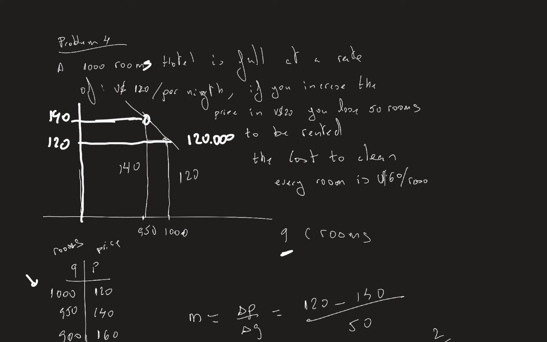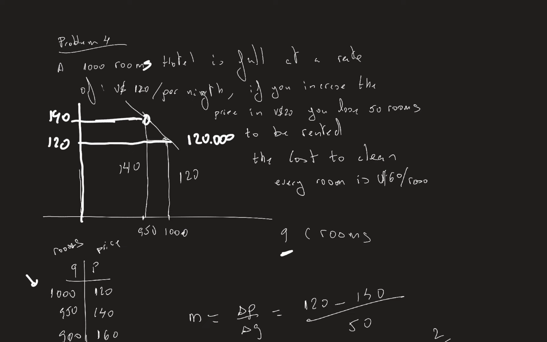If I go to this other position, 950 rooms, but rented at 140, do I have more money or less money? Well, if I do the multiplication, 950 rooms rented at 140, the amount will be $133,000. So it's better not to have the hotel at full capacity.